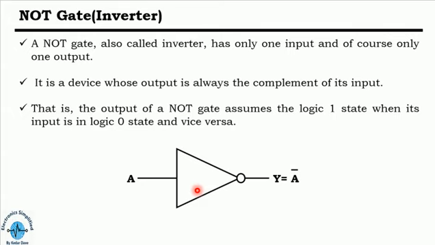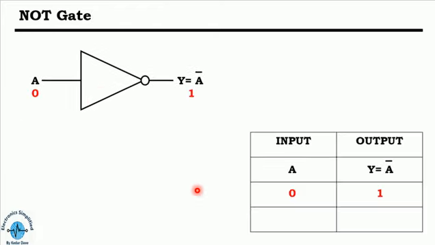Here I want to say that the NOT gate cannot be realized by using the diode. So NOT gate realization will be understood in the transistor operation video. We can understand the basic operation of the NOT gate by preparing a good truth table.